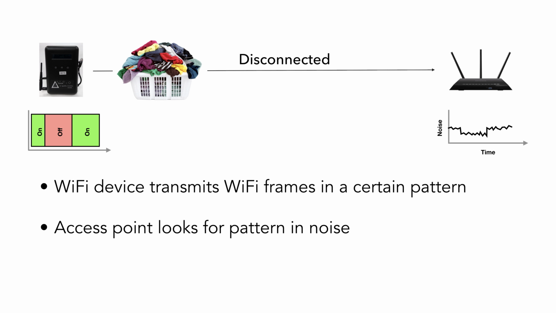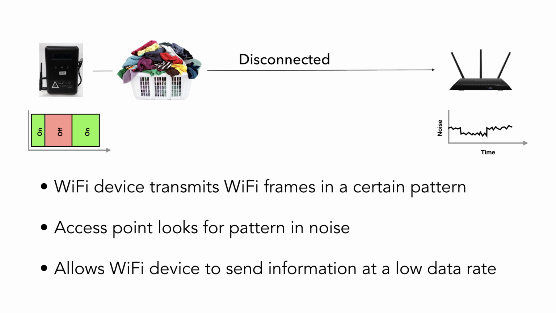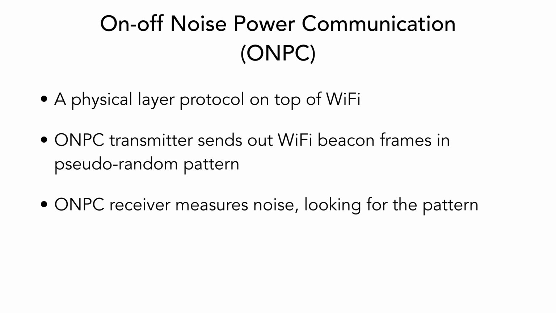So the access point will look at the noise instead of trying to decode it. And what this will allow us to do is allow the Wi-Fi device to send information at a much lower data rate. So once again, we're making this trade-off of data rate and range. We're going much lower data rate, but we extend the range.